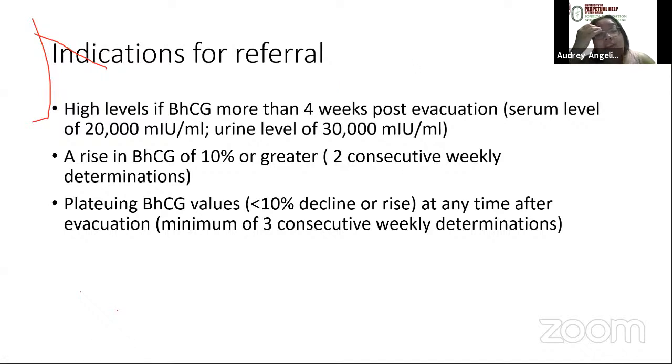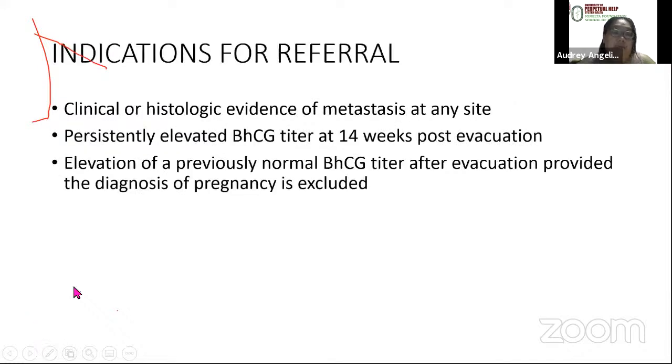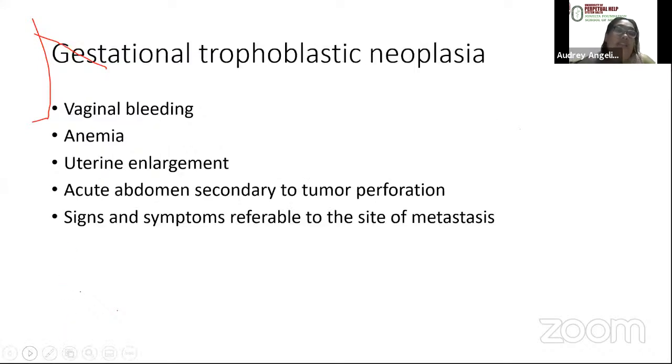So indications for referral to a trophoblastic specialist would be high levels of beta hCG more than 4 weeks post evacuation either in your serum or your urine, a rise in beta hCG of 10% or greater, or plateauing beta hCG values. Okay. Any histological evidence of metastasis at any site, and elevation of a previously normal beta hCG titer provided the diagnosis of pregnancy is excluded.